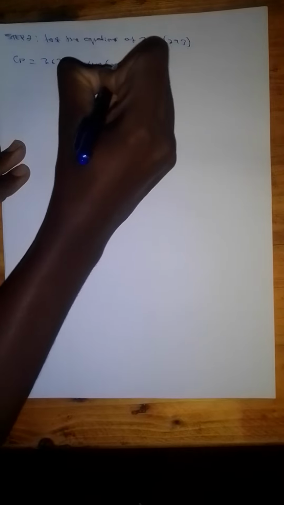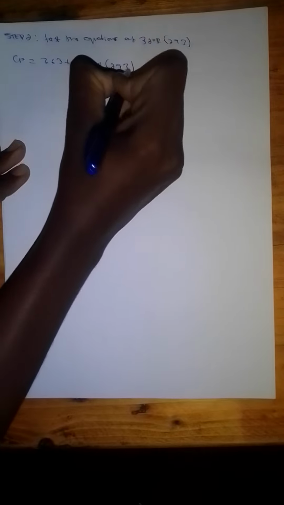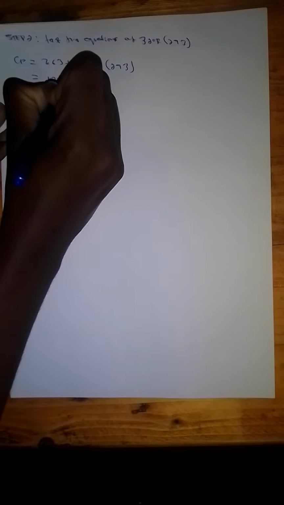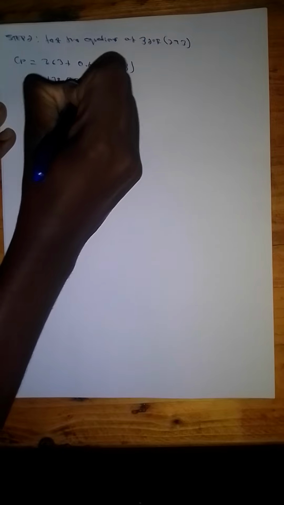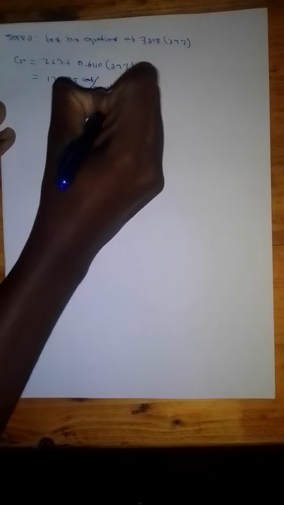So now we have Cp equals 3.63 plus 0.640 times 273, right? This gives us 178.35 calorie per gram mole Kelvin. This is the first equation.